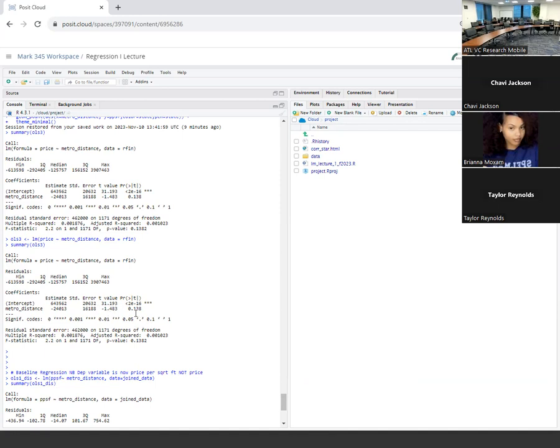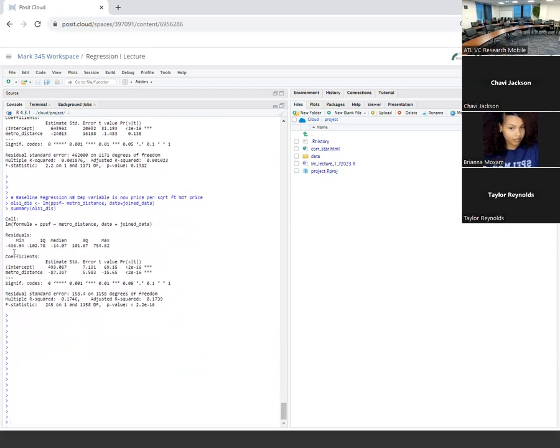And you can see that also because the p-value here is bigger than, say, 0.1 down here. So nothing here is giving you any type of evidence against the null hypothesis that the metro distance is not a factor in explaining prices, and so we can't reject that.